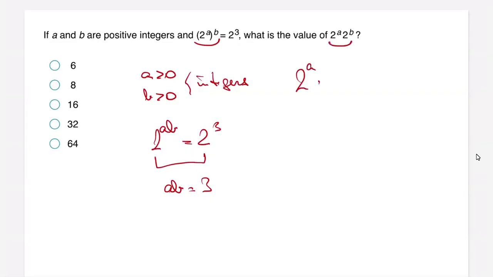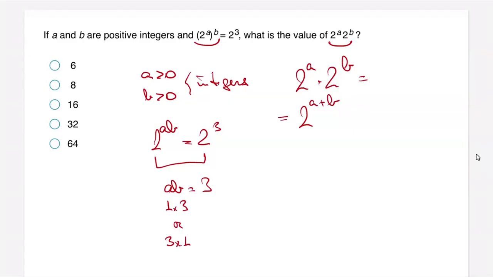If you have a multiplication of powers in the same base, you can maintain the base and add the powers. Okay, there's only one way A and B being positive and the multiplication is 3 and they are being integers. Is 1 times 3 or 3 times 1.